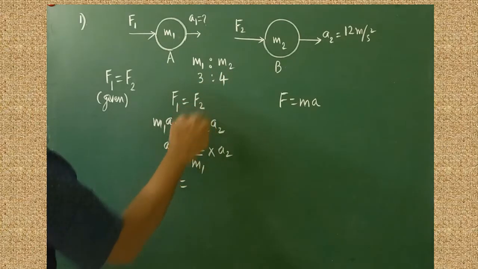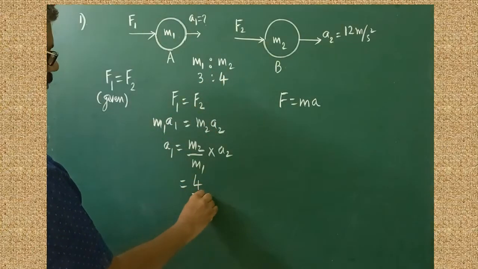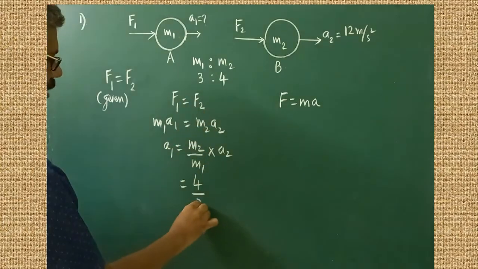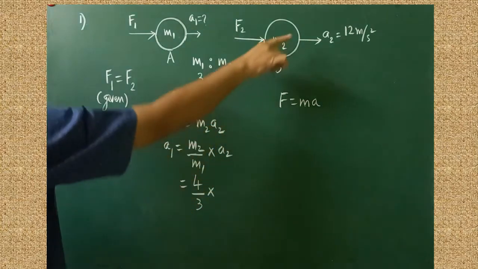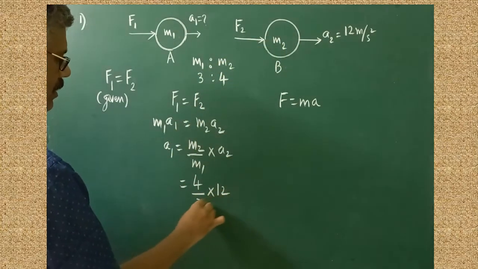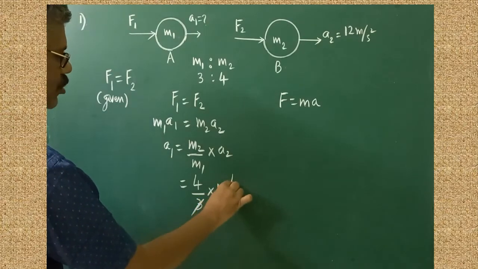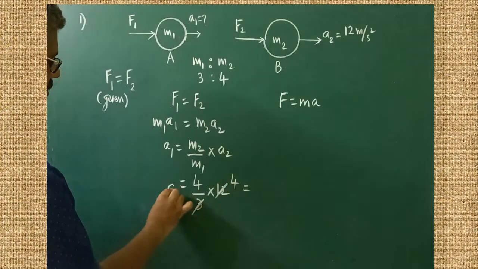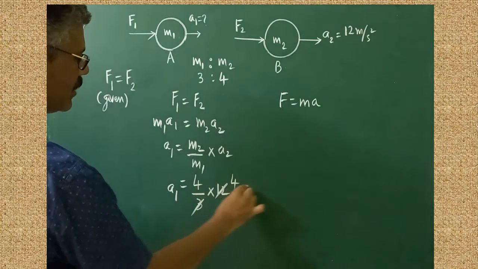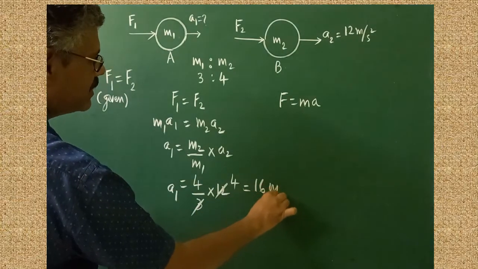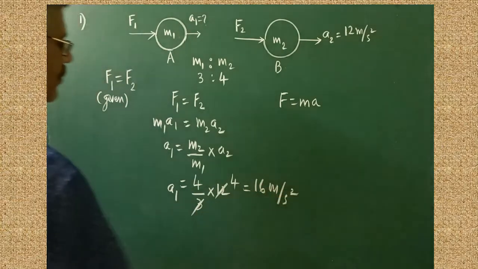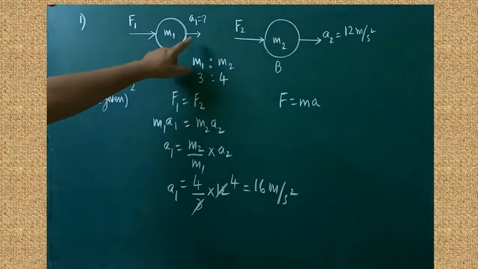What is the value of m2? 4 divided by 3 can be substituted. What is the acceleration of the second body? 12. Cancel this. After cancellation, you will get 4. The final answer: A1 will be 4 into 4 is equal to 16 meter per second square. So this is the acceleration of the first body.